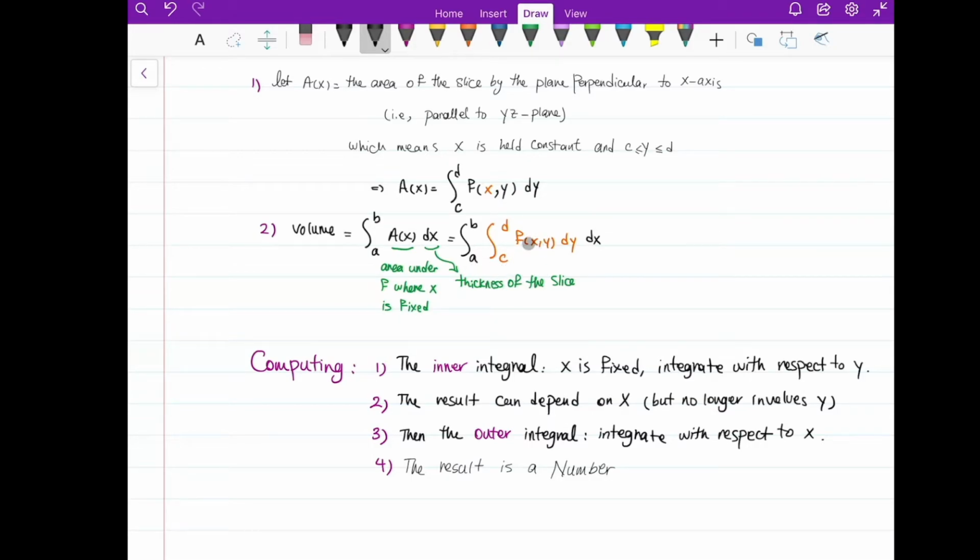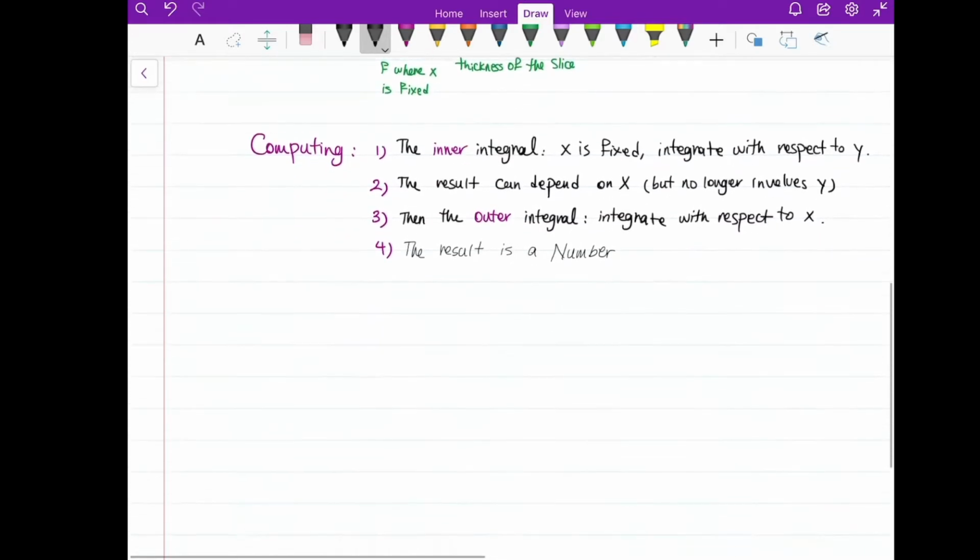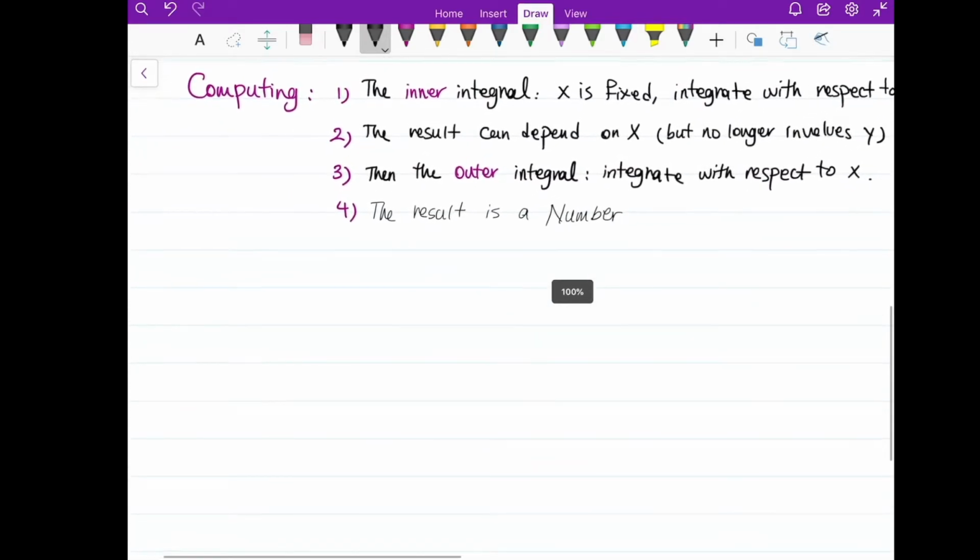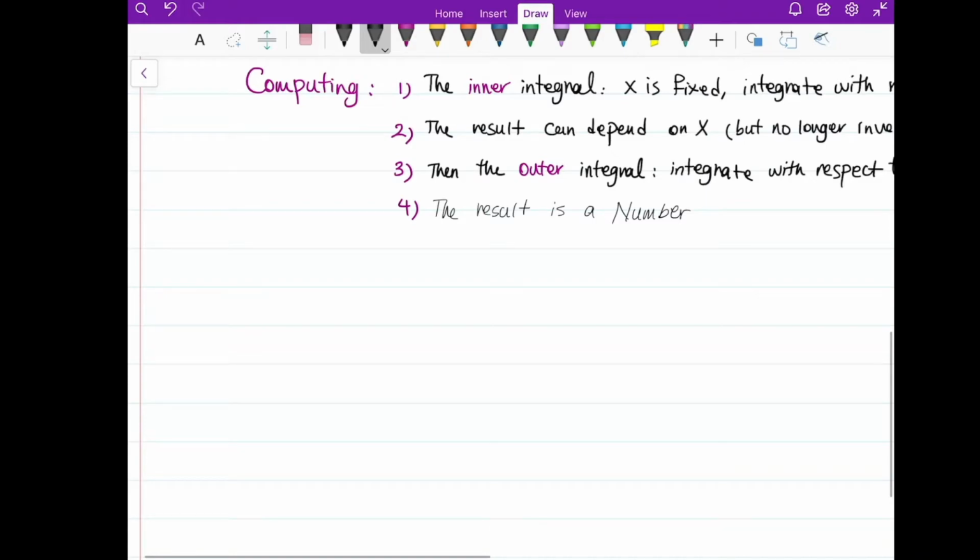So let me just do one example of how to calculate that. I'm going to calculate the integral of x squared y dA over the region R, which is [1, 4] times [0, 2].